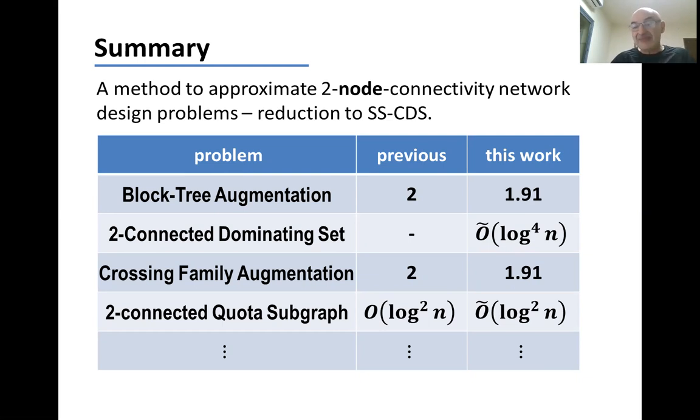And so what you can see here is that either we can improve the existing approximation ratios or get the first non-trivial approximation ratio for the problem, or quite easily obtain approximation ratios that are not too far from the best known ones.